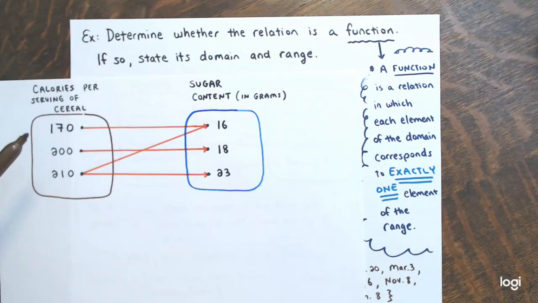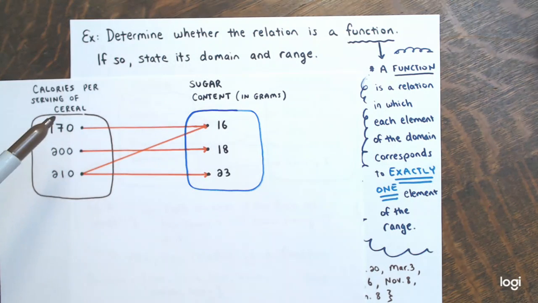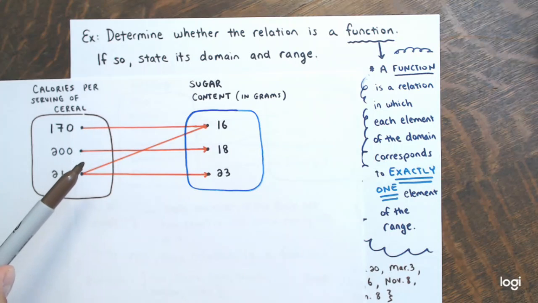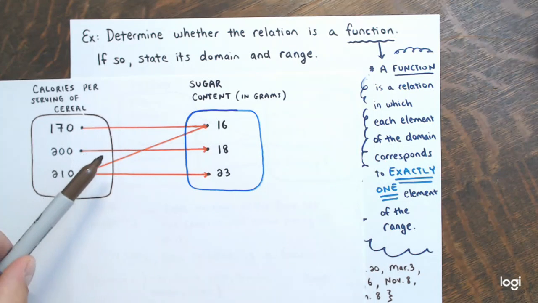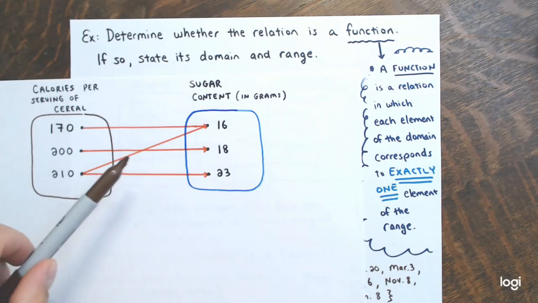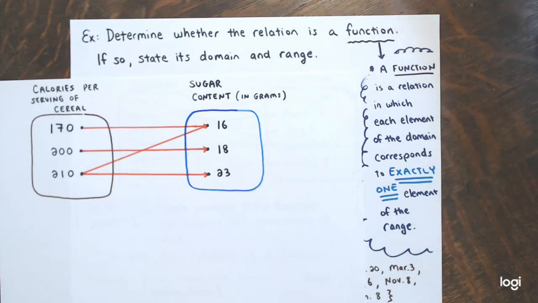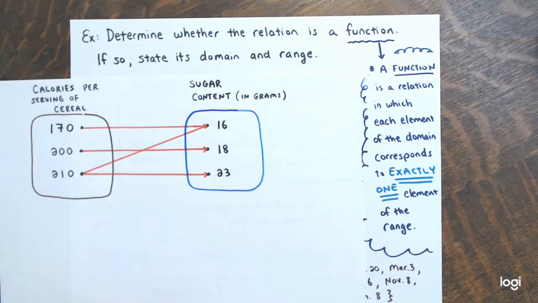Well, let's see. So 170 corresponds to just 16. That's good. 200 corresponds to just 18. Exactly one arrow coming off of 200. That's good. The problem here is with the 210.